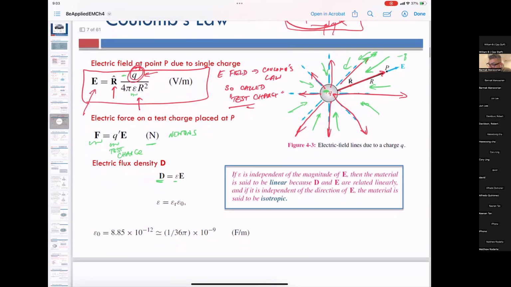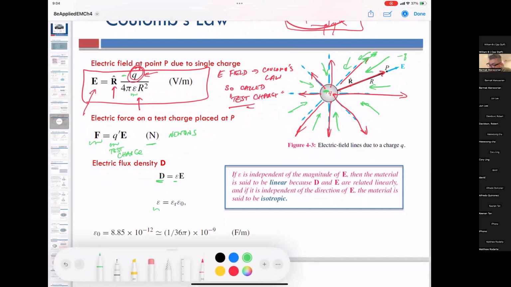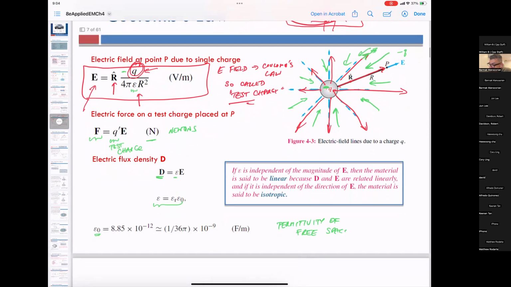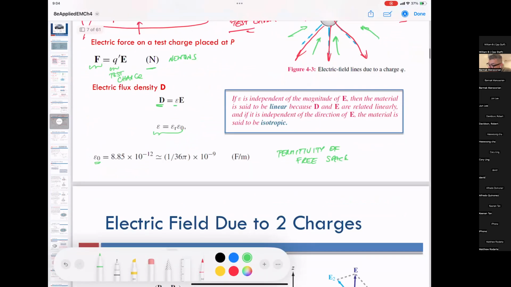This epsilon factor, epsilon 0, is the so-called permittivity of free space, and it's given by this value, 8.85 times 10 to the minus 12 farads per meter.